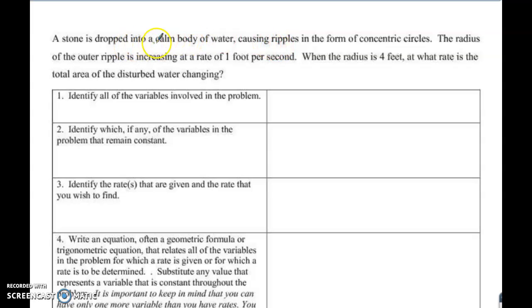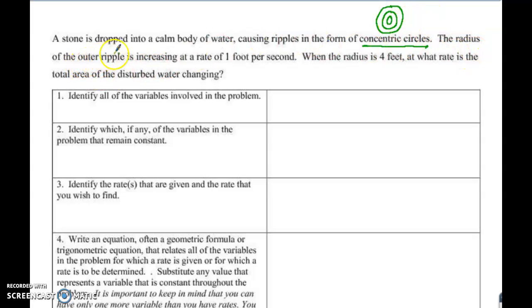So in this problem, we're just dropping a ball or a stone into a pond, or whatever calm body of water, to make concentric circles. In case you have forgotten from geometry, concentric circles share a center. So as the ripples go out, you can see concentric circles.